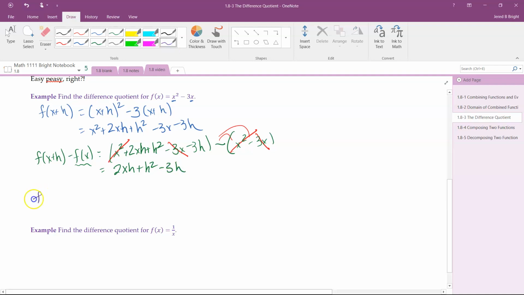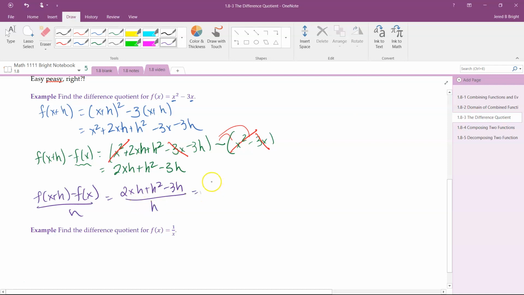Last step, take that difference that we just found and divide it by h. So we have 2xh plus h squared minus 3h all over h. Now, there are some people that do this incorrectly when they say cancel. Oh, we cancel those and we're done. Not exactly, right?